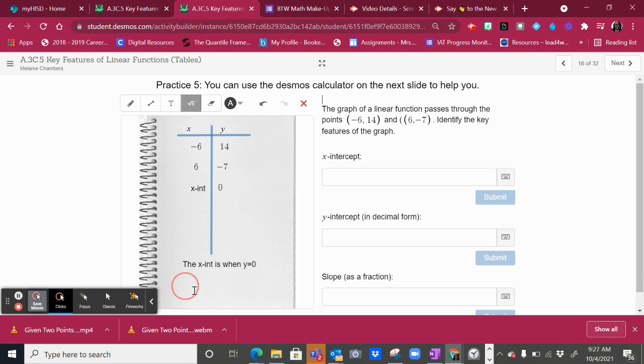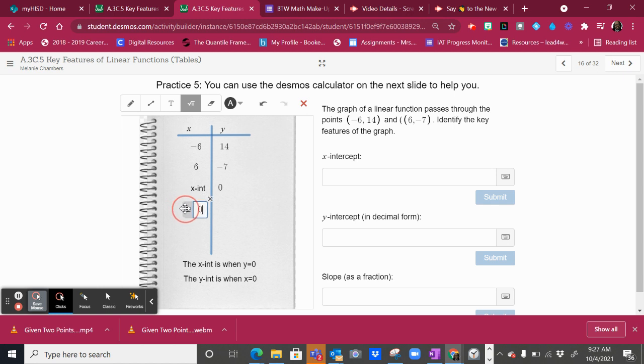For the y-intercept, and I'm going to use the text for this, the y-intercept is when x is equal to 0. So those are the two key things to help you understand x-intercept and y-intercept. So when this value here, let's put a 0 here for the x value.